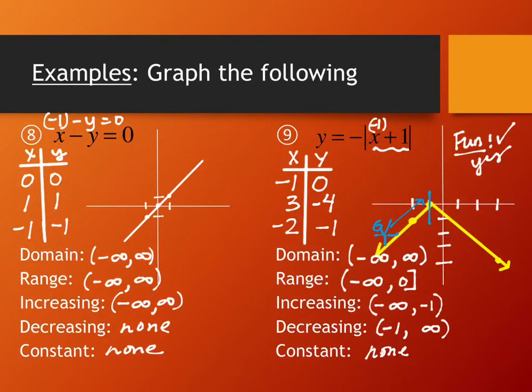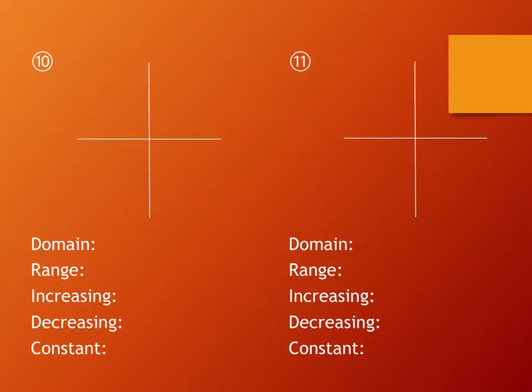Okay, so I feel like we really need to see one that has a constant piece, don't you think? Because so far you've written none on every single one. So let's do an example now. This is a little different, feels like it at least. Instead of starting you out with an equation like the other two did, it would be like a slightly different direction set in your homework where it actually starts you out with a picture graph, okay? So we're going to just simply start this one out with a graph, and it's not going to have an equation.